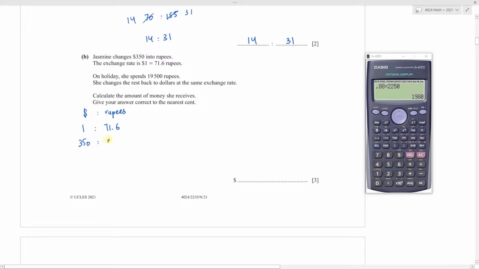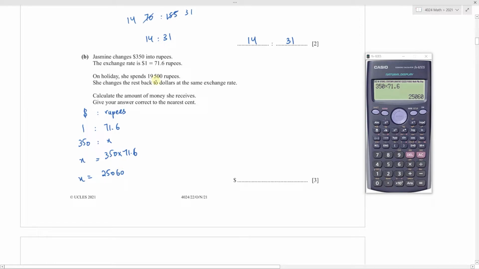So 350 ratio x. I will cross multiply. So x times 1 equals 350 multiplied by 71.6, 25,060 rupees.